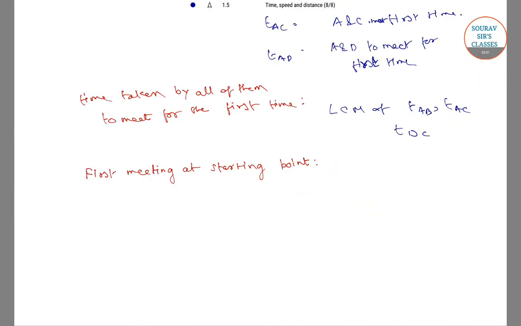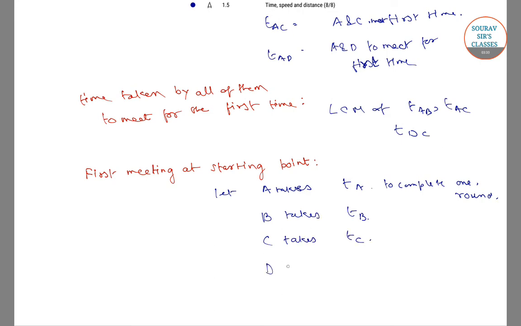Next is the time taken for them to meet at the starting point. Let A take TA time to complete one round, B take TB time, C take TC time and D take TD time.